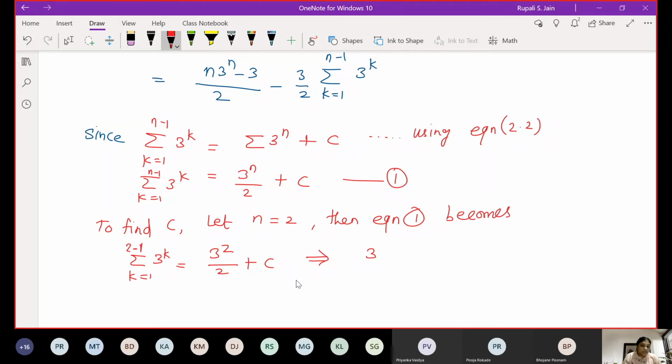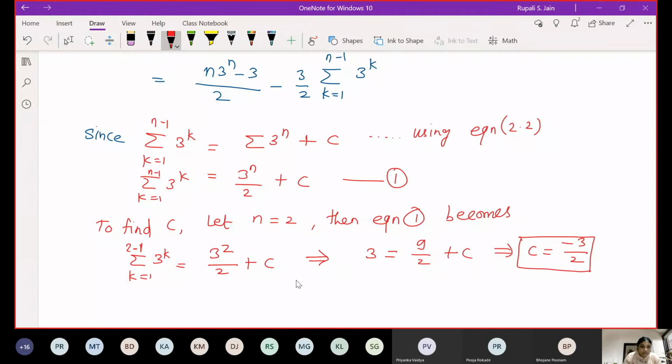It is nothing but 3 only. So 3 is equal to 9 by 2 plus c. So this implies my c is minus 3 by 2. Is that okay?